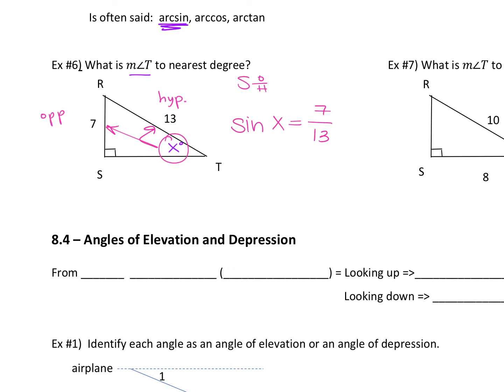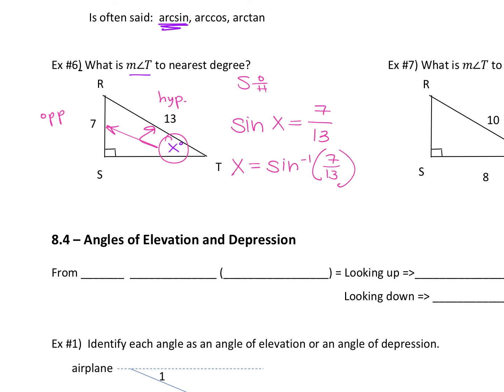Now here's the deal. You cannot divide by sine because sine X is what's getting us a value. So what we do is we take the inverse of it, okay? So X equals the inverse sine of our ratio. You're going to plug into your calculator, second, then the sine button, and then 7 divided by 13.